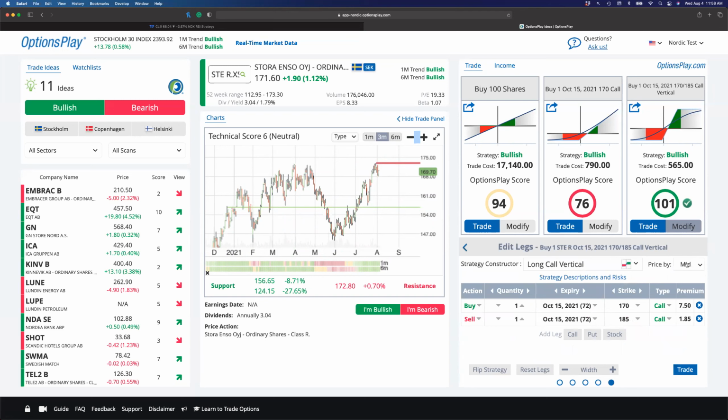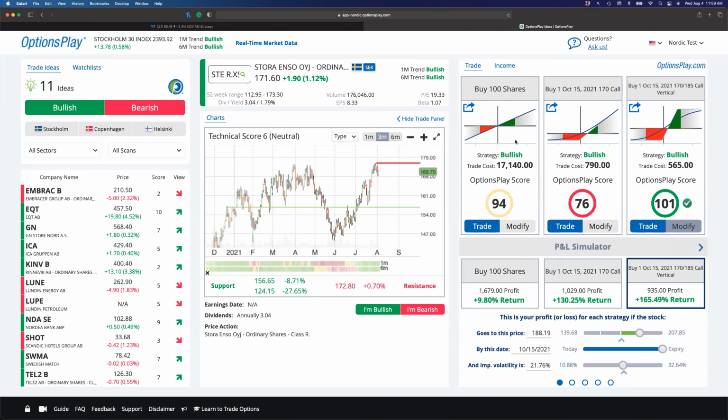And if I use a vertical spread just like this, what's very interesting is how much lower in terms of risk I have with the call spread than I do with the stock itself. Because 565 crowns versus 17,140 crowns is only 3.2%. I'm only risking 3.2% in total to buy the call spread versus buying the stock.